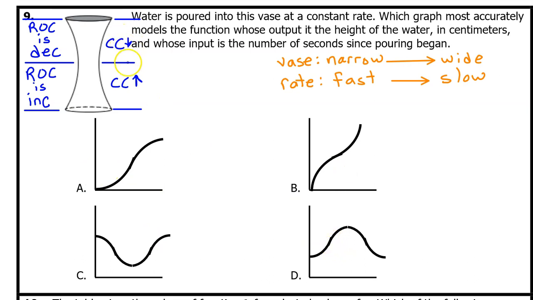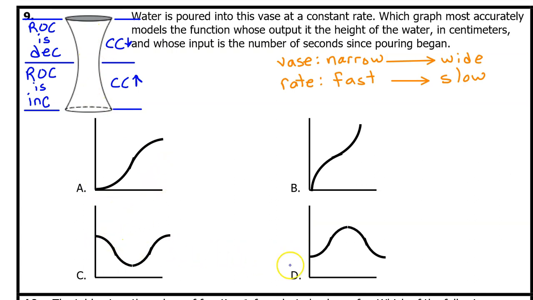We just need to look for the one that starts concave up and then switches to concave down. Also, since we are pouring water into this vase at a constant rate, we're not taking any water out. So the water level will be always rising. So any function that will model this should always be increasing.